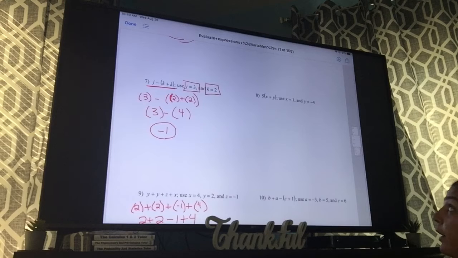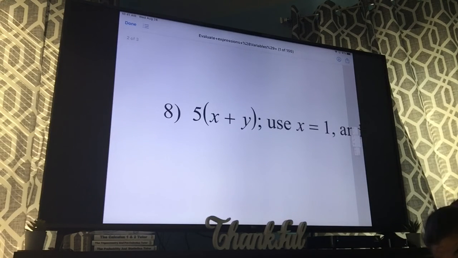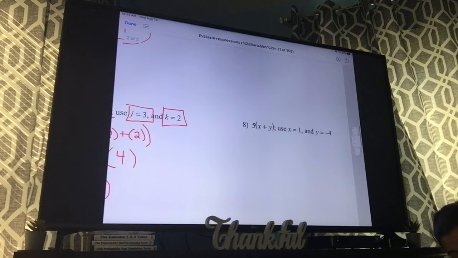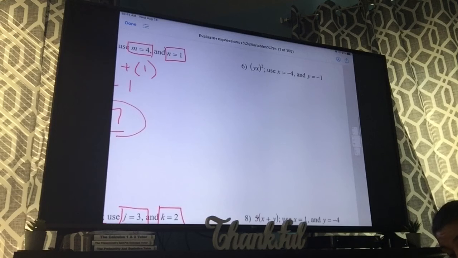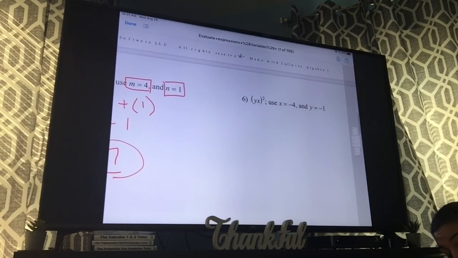Number 8, I would probably write yourself a note somewhere. Since this is right next to that XY, it means multiply, okay? So it's really going to be 5 times whatever that value is on the inside of that parentheses. So your very last step would be to multiply by 5. 6, use parentheses.